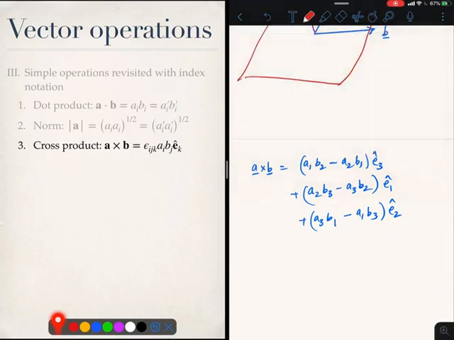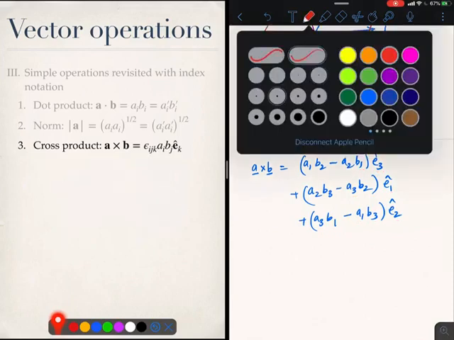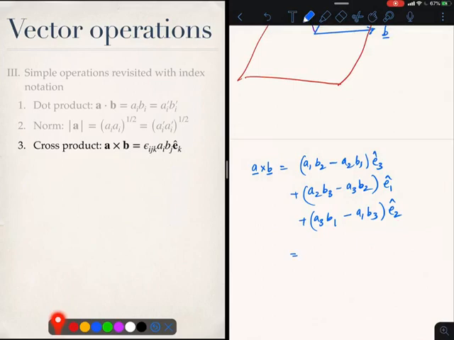The 2 1 3 odd permutation, 3 2 1 odd permutation, 1 3 2 odd permutation. So it is possible therefore to condense this large equation into simply epsilon ijk Ai Bj Ek. That's what is written over there. You can see very well there is no repetition of any index, there is no 1 1 2 kind of object over there. So you can now compare this and this and convince yourself that this is a succinct way of writing that.